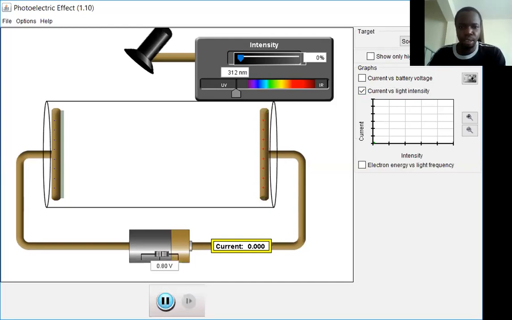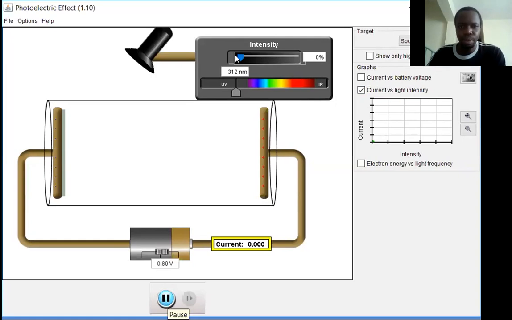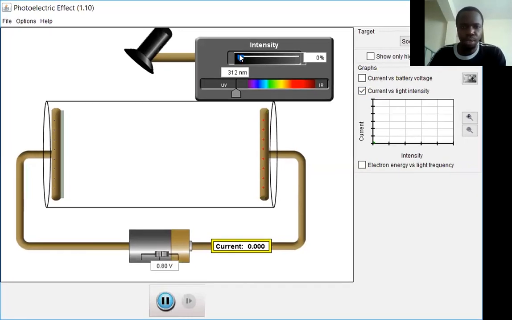It's on, but nothing happens, because there's no radiation falling on the metal surface. Electrons are ejected and moving to the other side, with potential at 0 volts. Then that is our graph.